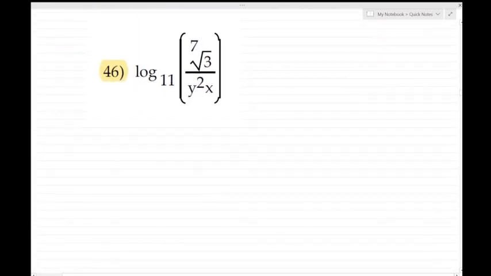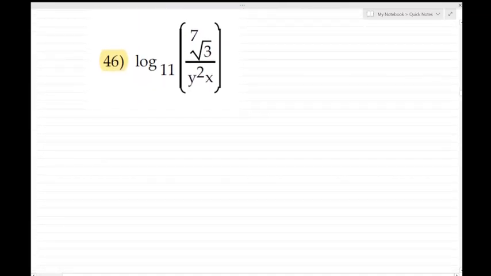Next, we're doing the same thing. We want to expand as much as possible the given logarithm. First, we'll break this quotient. Remember that when we have a division inside of the logarithm, it becomes a subtraction.